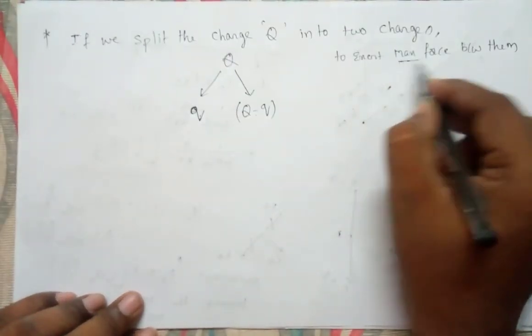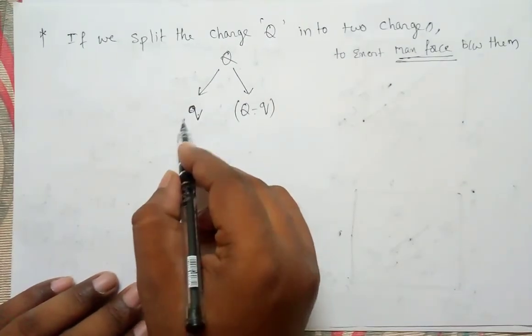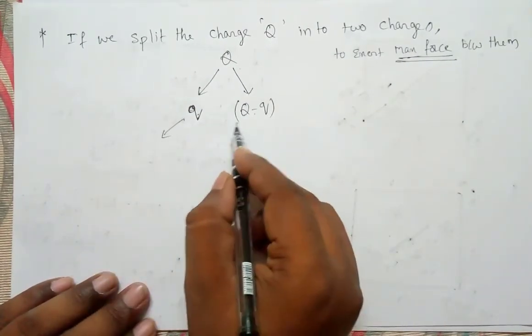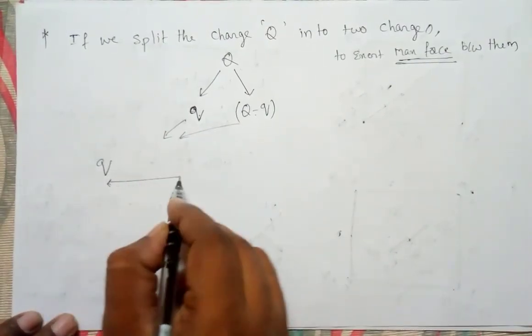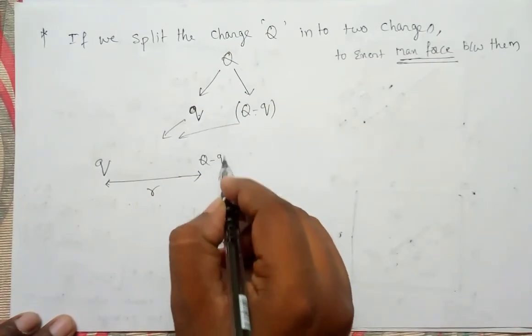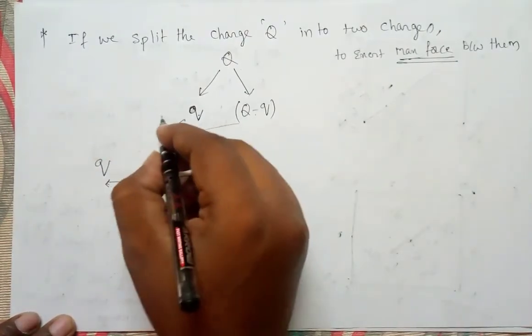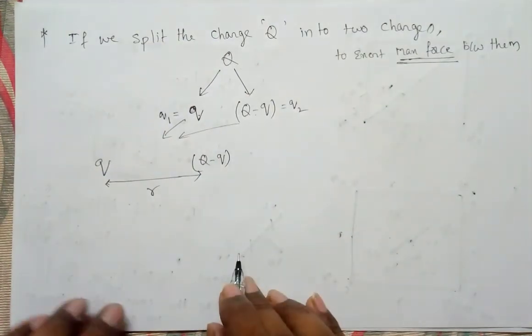See, they are asking for the maximum force. Now these charges are located like this: small q is one charge at a distance r, and capital Q minus small q is the other charge. Let us take this as Q1 and this as Q2.